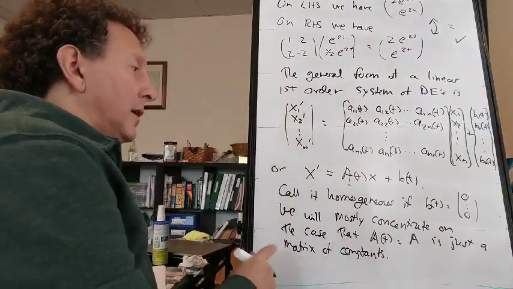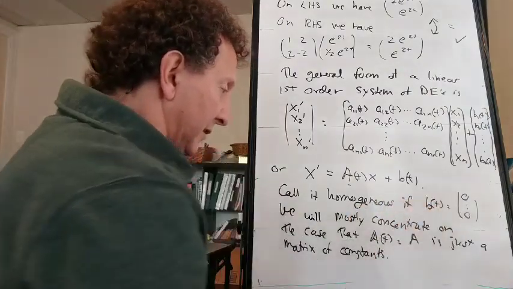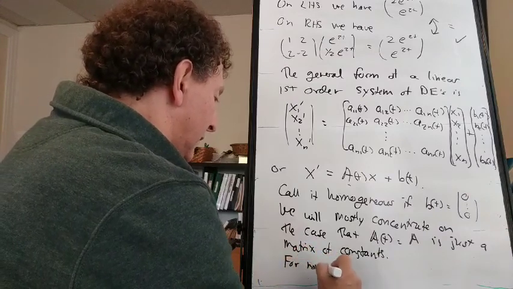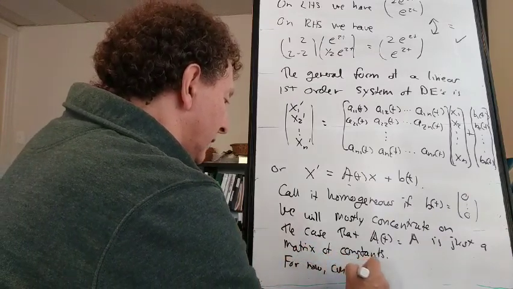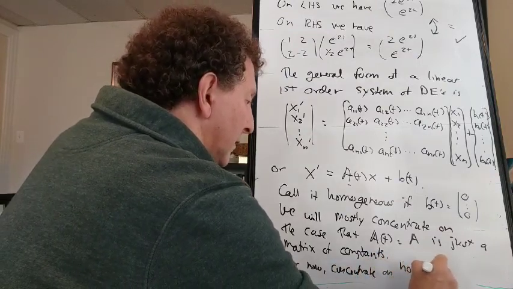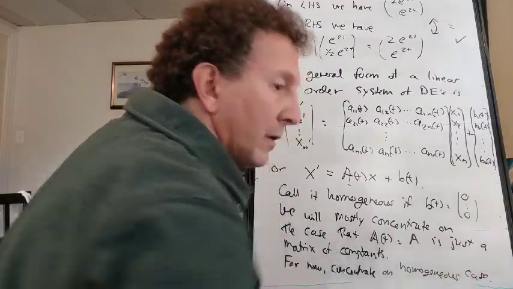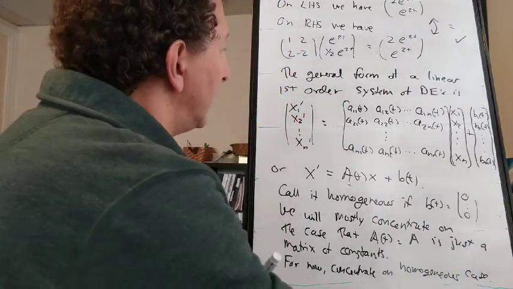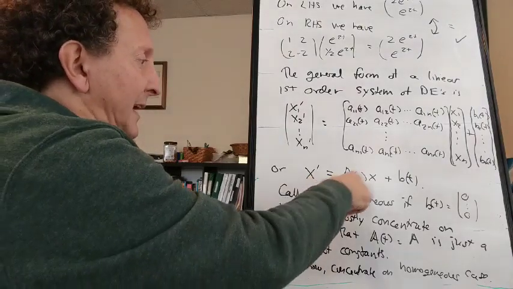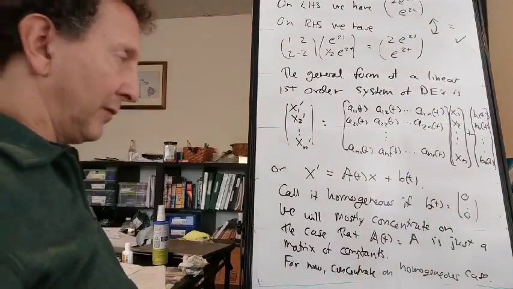And for now, let's concentrate on the homogeneous case. So when B of t is 0. Alright, so we're going to look at x prime equals Ax. No t's in the matrix, and then no extra vector of functions on the end.